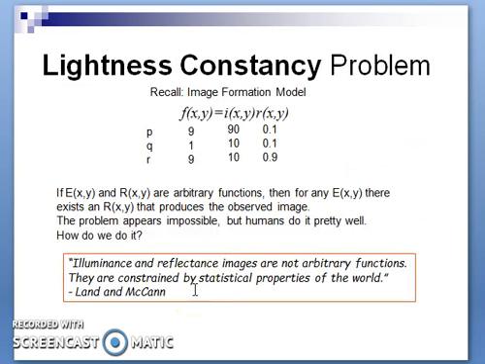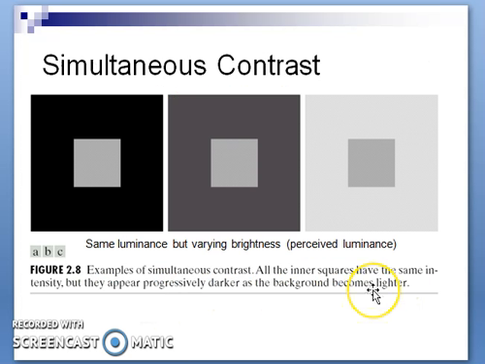So this is about the lightness constancy problem. Now, illuminance and reflected images are not arbitrary functions. They are constrained by statistical properties of the world. This is an example of having the same luminance but varying brightness. This is a simple example of simultaneous contrast.